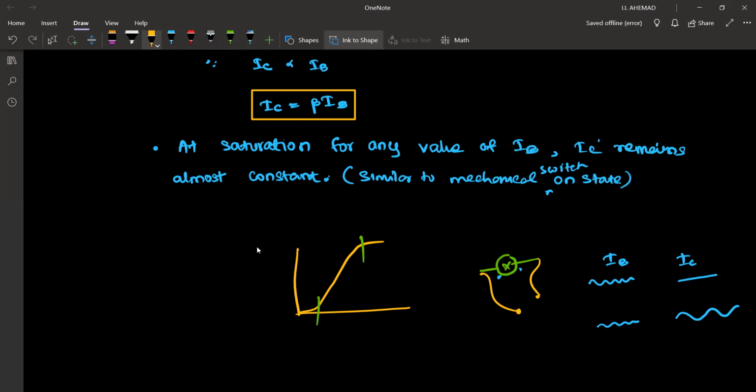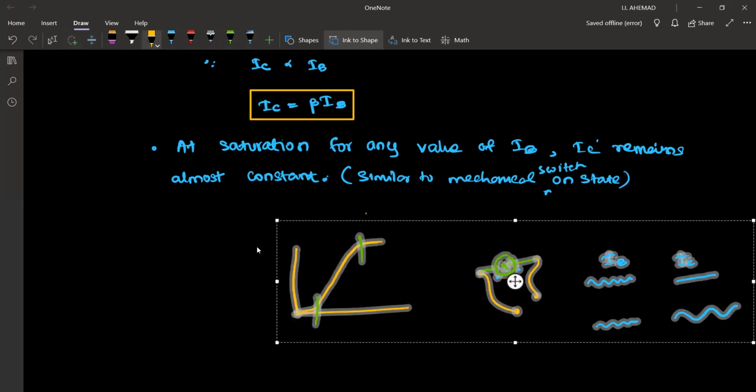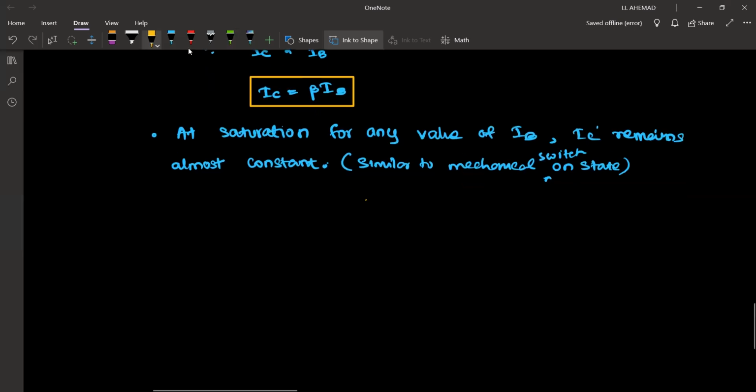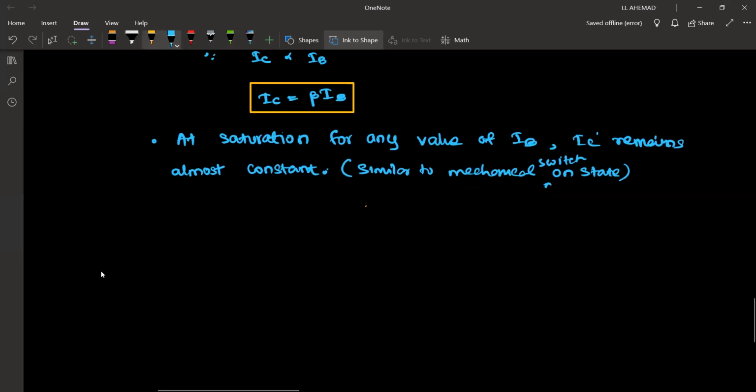Is that idea clear? Why are we not using the active region for the switch on state?